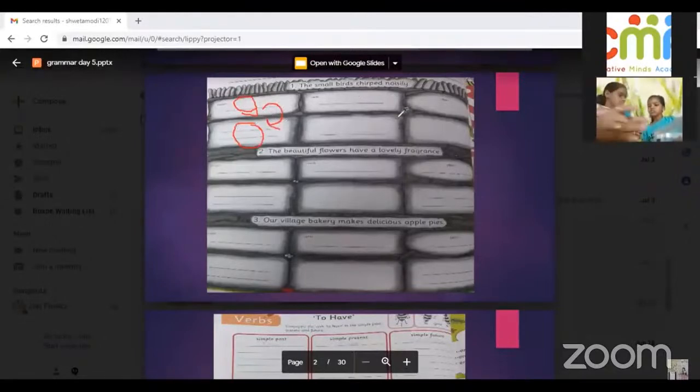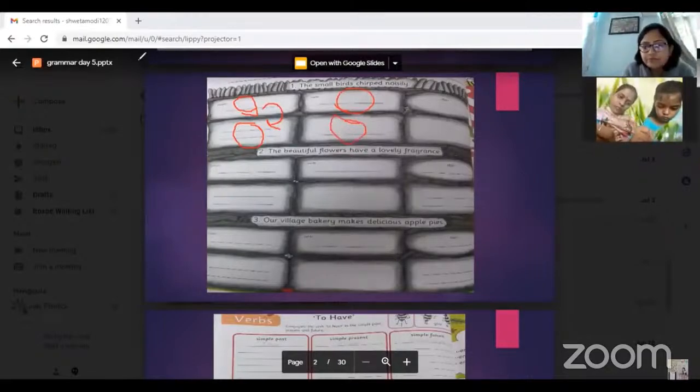Now chirped. What is chirped? Chirped is a verb. So this is the column for verb. Chirped noisily. Can you tell me what is noisily? Adverb. So adverb is going to come here.